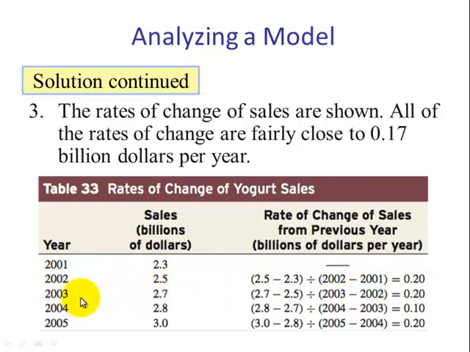These two ordered pairs, you get 0.2. These two ordered pairs, you get 0.1. And the last pair, you get 0.2. So these are roughly the same as 0.17, and that's why our linear model did a pretty good job of estimating this data.